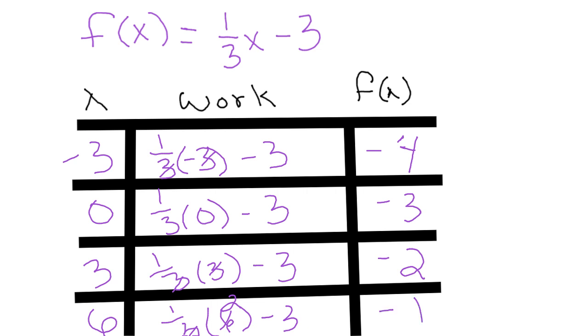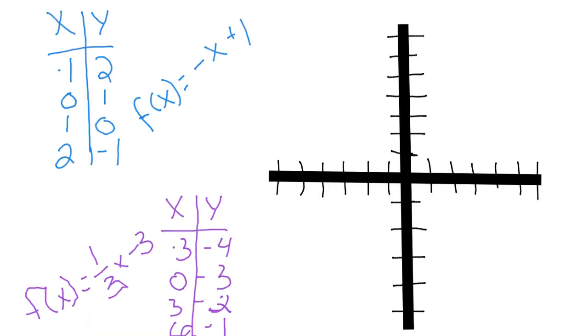For this, I just copied the tables over from the past two slides. What we're going to do now is use the coordinate plane and plot each of the points for each function. Let's use the function f of x equals negative x plus 1 first, the blue one. We have negative 1, 2, so we're going to go negative 1 on the x-axis up to 2 and put a point. Then 0, 1; 1, 0; and 2, negative 1.